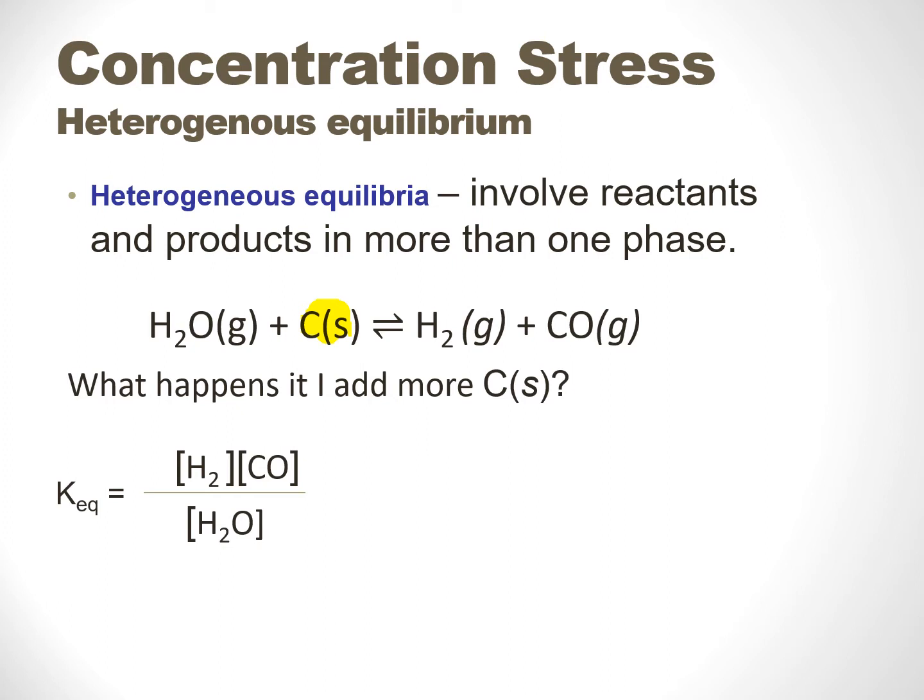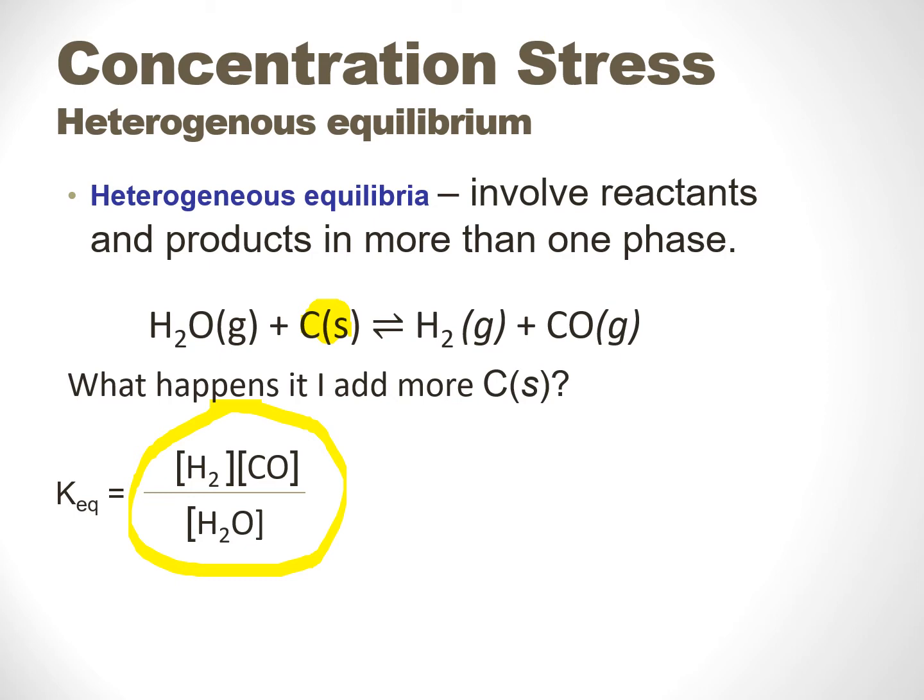If it's not there, it doesn't affect K, and then it doesn't affect Q. So no matter how much carbon, solid graphite, for example, you have in that reaction, it is not going to change the value of Q, because Q is calculated with the very same equation you're using for the equilibrium constant. It doesn't matter if you have a lot of graphite or a very small amount, it's not going to have any effect on the equilibrium.